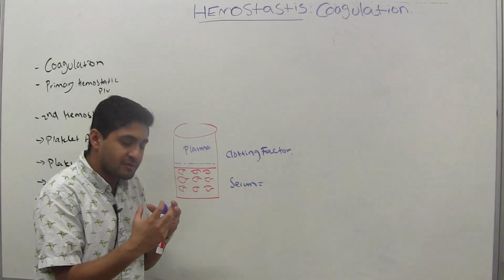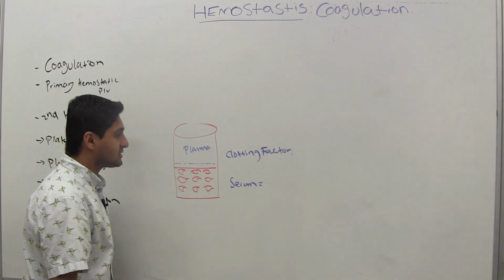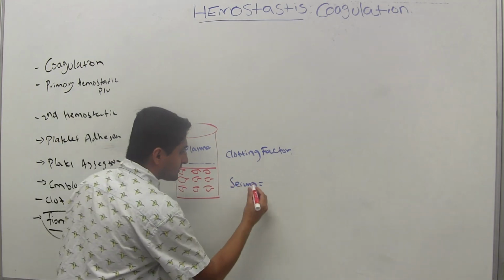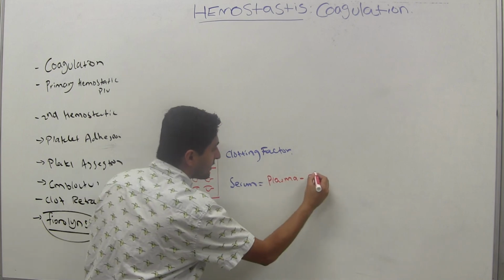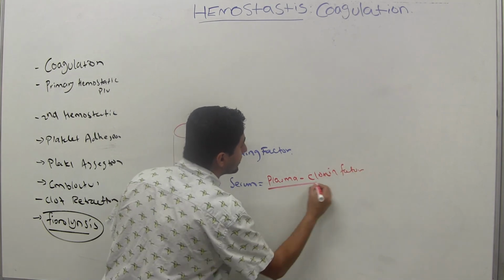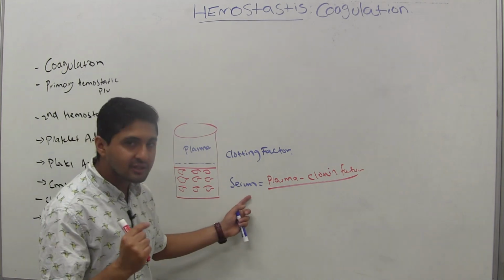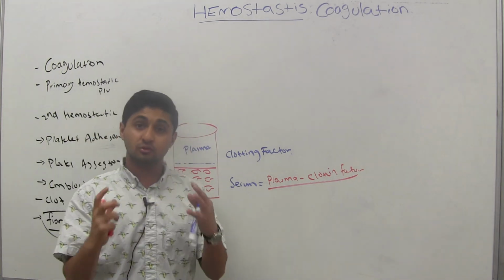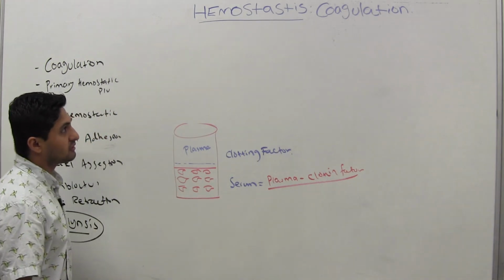Whatever fluid comes out of the gel is called serum. Serum would be like your plasma minus the clotting factors. So serum cannot coagulate itself, and would not be able to clot. These are just general concepts I wanted you to know.